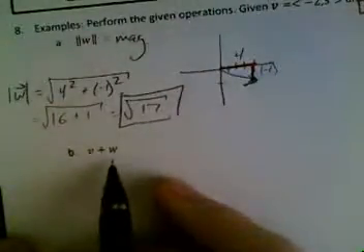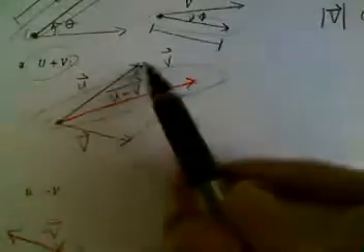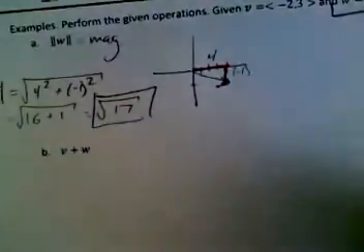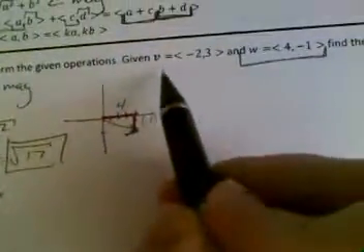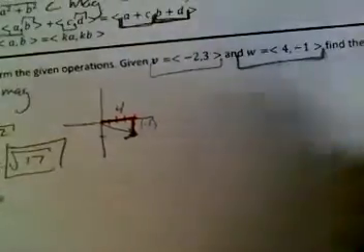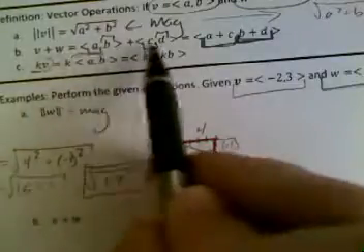Okay, how about v plus w? Graphically, remember, we'd create the parallelogram, u plus v, and then draw that line there. There's an easier way to do this. With the values that were given, v being -2, 3, and w being 4, -1, all I have to do is add their coordinate pieces. So the x's added together, the y's added together.